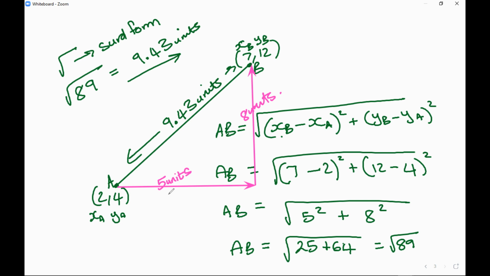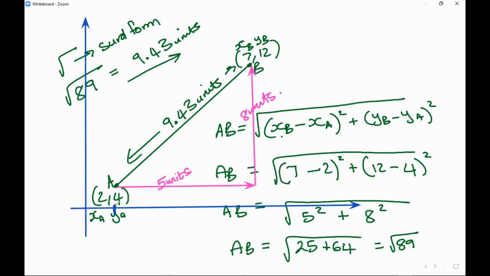Now, how did I know this? Let's imagine I put some kind of axes on here. I'm going to put a y-axis over here, and now I'm going to put an x-axis over here, just randomly, just to show you what I mean.